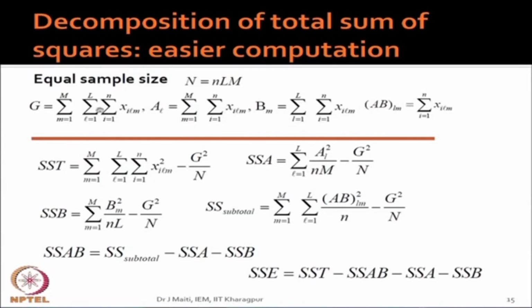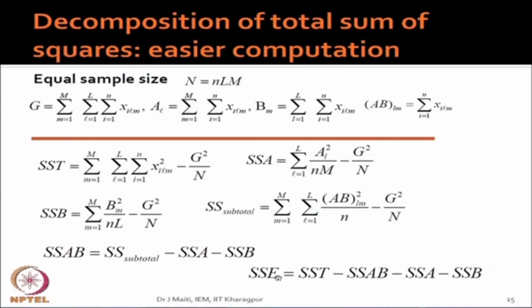So first the grand total, then factor A level totals, B level totals, and the AB interaction total. Then following this equation you get SST, SSA, SSB and SS subtotal, then finally you get SSAB using this equation, and this is the formulation for the final SSE.